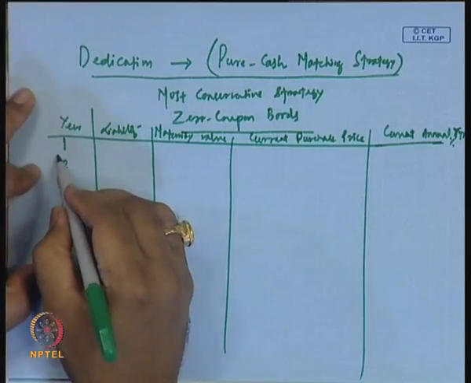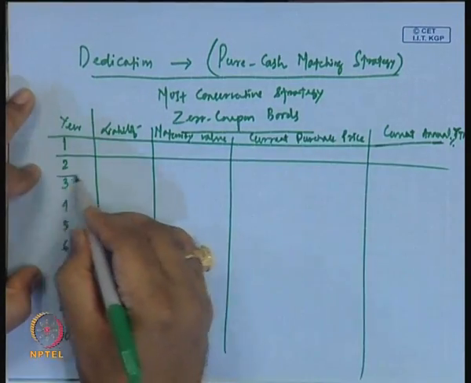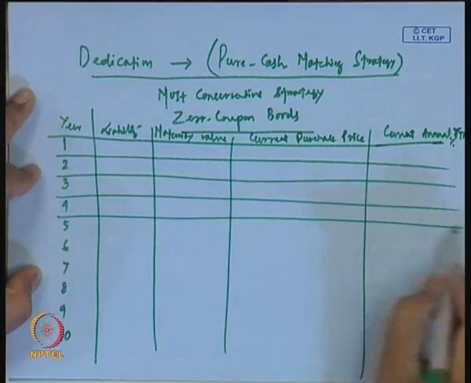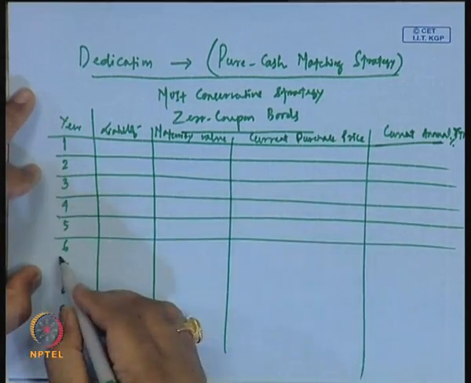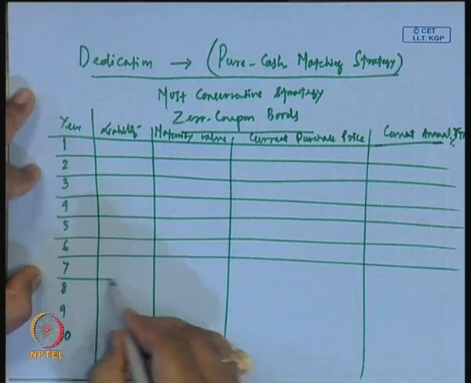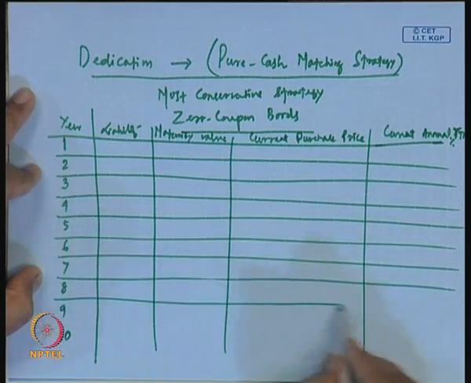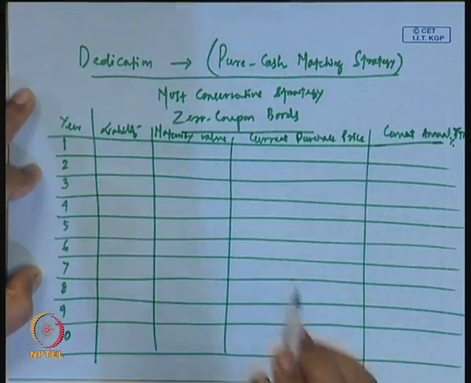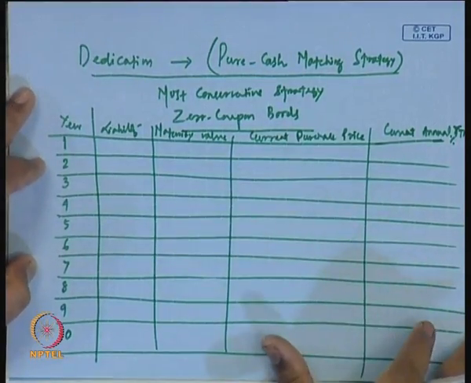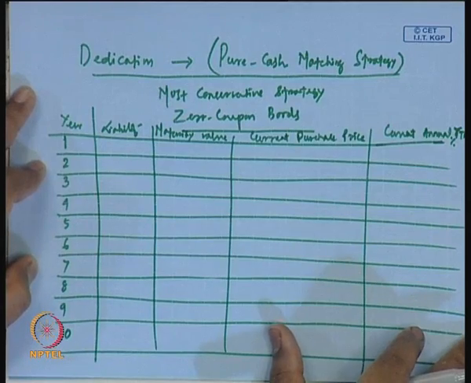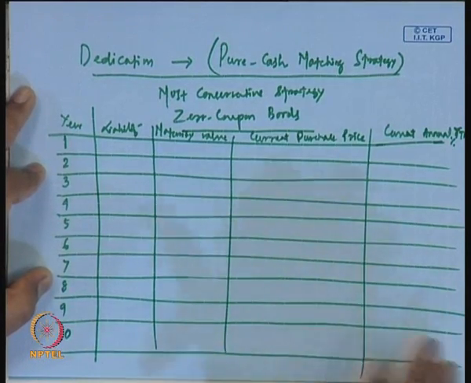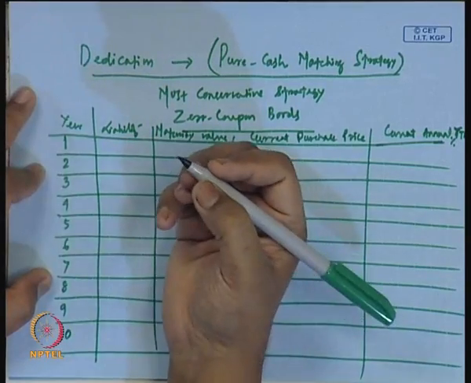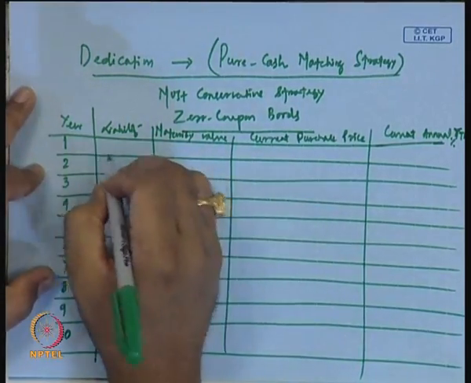If you observe here, if you are investing only in zero coupon bonds, which have no regular flow of income like coupon payments, how does this dedication strategy work? Your income after certain years will be perfectly matched to the liability. That is the perfect matching of liability with assets.